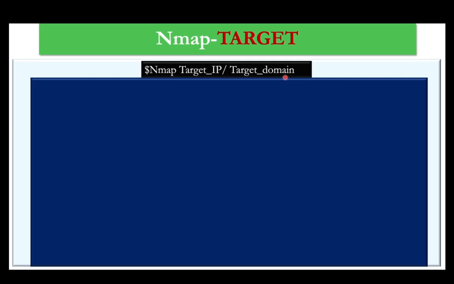There are different ways of executing the Nmap target command. One is the single IP command, where Nmap is followed by a single target IP address, so it scans the ports only on a single machine.